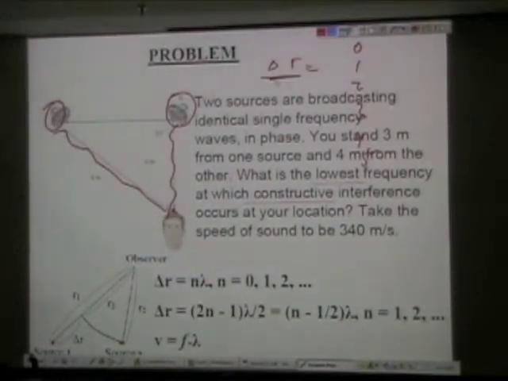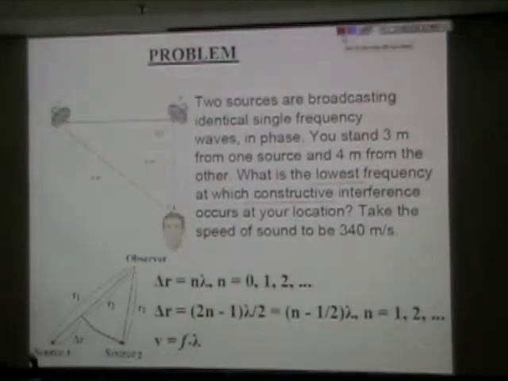My question to you is, what is the value of the path length difference? If you think it's 0, you can press 0. If you think it's 1, you can press 1. If you think it's 5, you can press 5 meters. Okay?